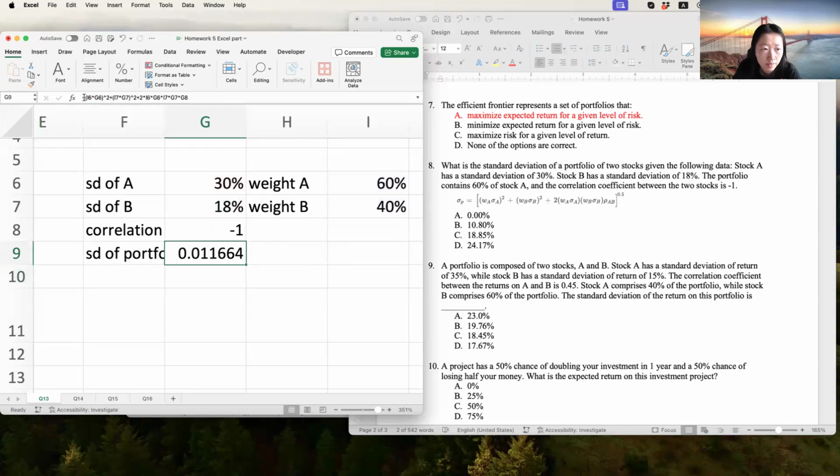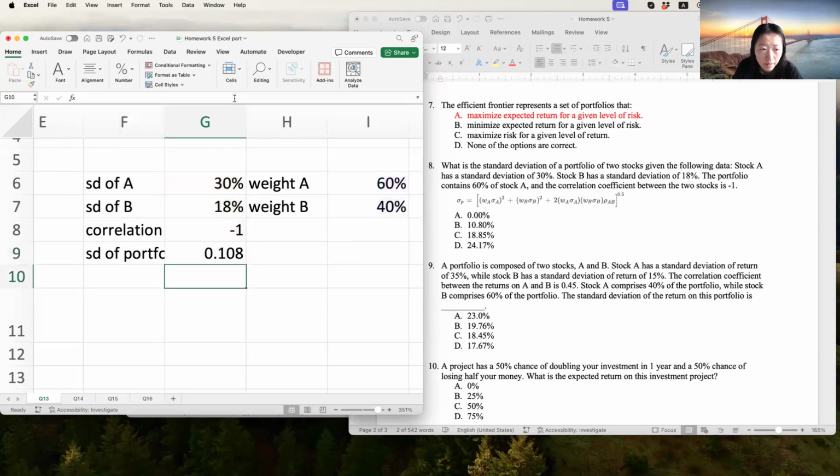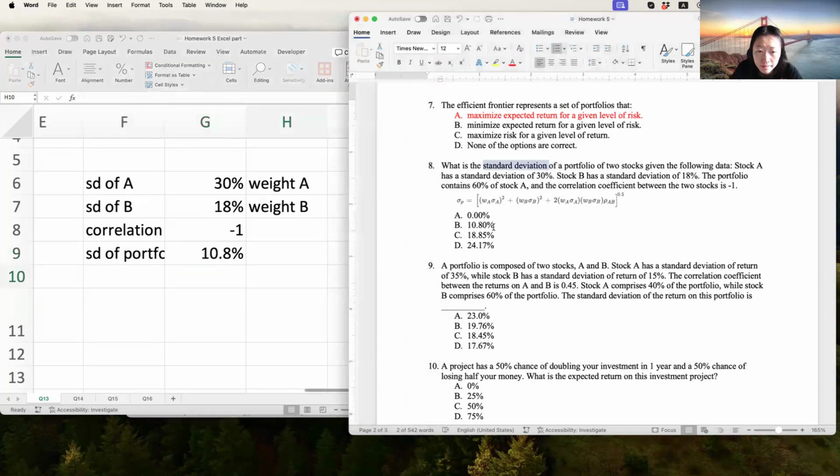And I need to take the square root, and measure it in percentage. 10.8. So we're selecting B.